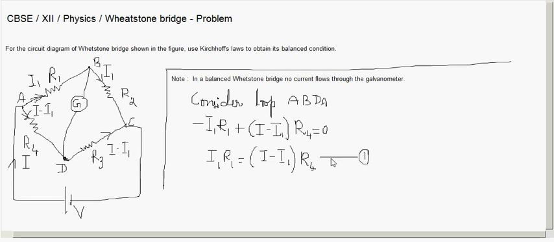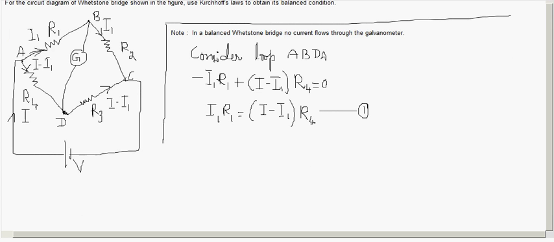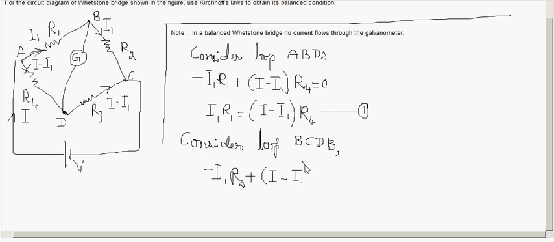This is one equation. Now let us consider another loop that consists of B, C, D, B. So here first is I1 R2, that is minus I1 R2, and then we have I minus I1 into R3, so that is plus I minus I1 into R3.